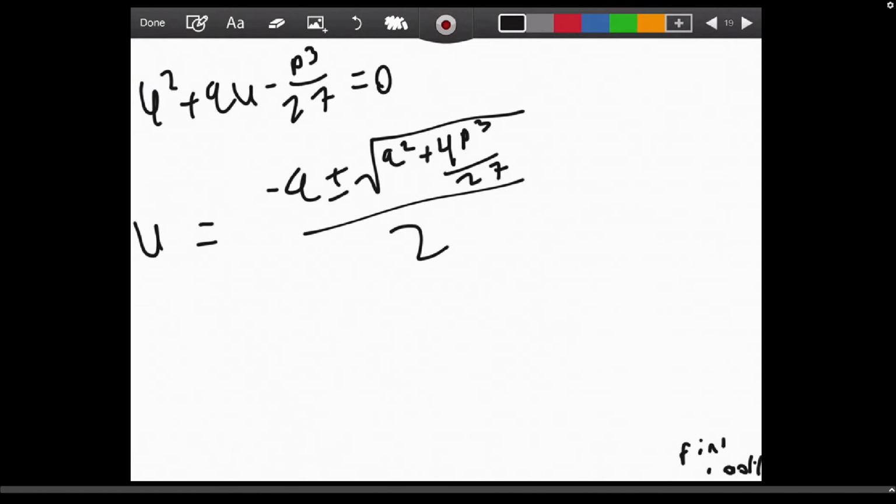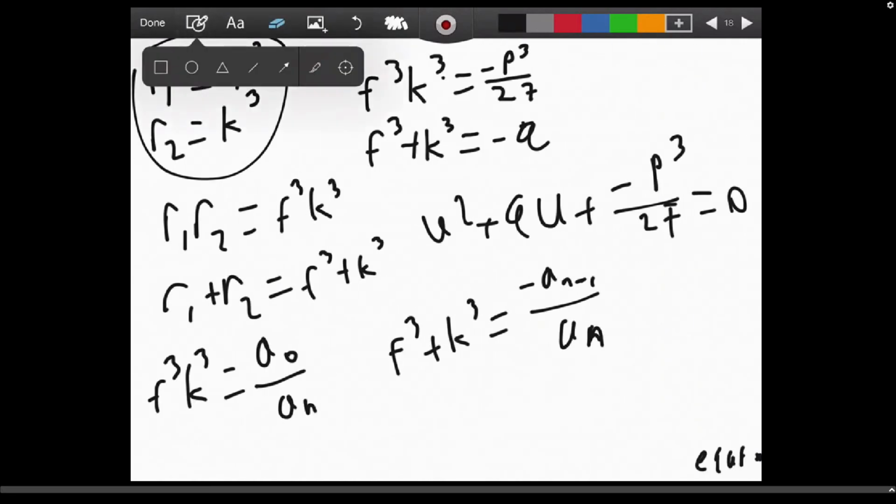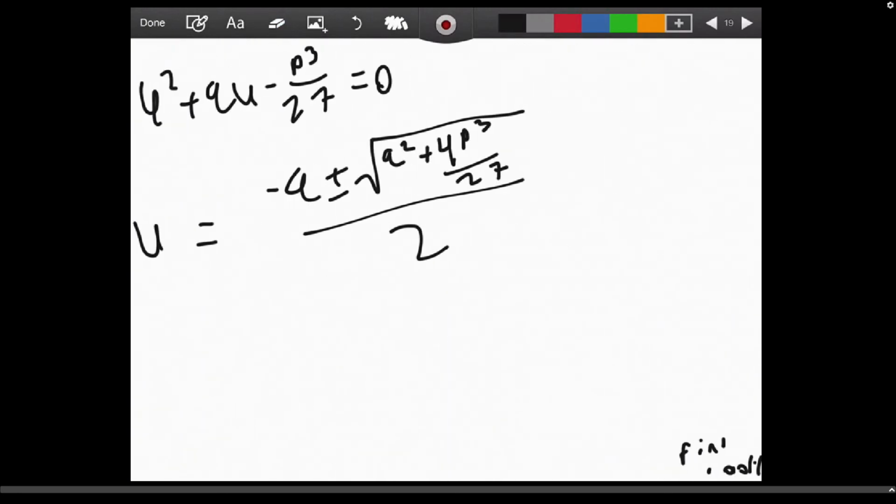We have that on the next page here. And we're going to use the quadratic equation to find that u is equal to negative q plus or minus square root q squared plus 4p cubed over 27 all over 2. And we know that the roots of this equation, as we said before, are just f cubed and k cubed. And this quadratic gives us the roots.